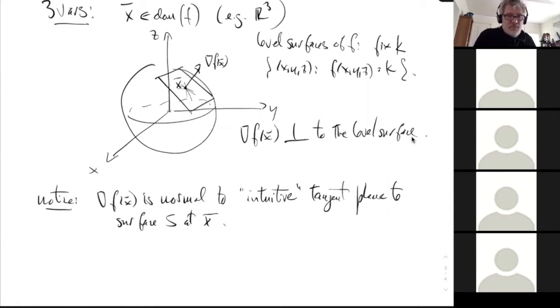Okay, so that's the idea. In fact, that's the definition. We're going to define the tangent plane to a surface this way. So that's the next thing I want to do, and the last thing in 14.6.